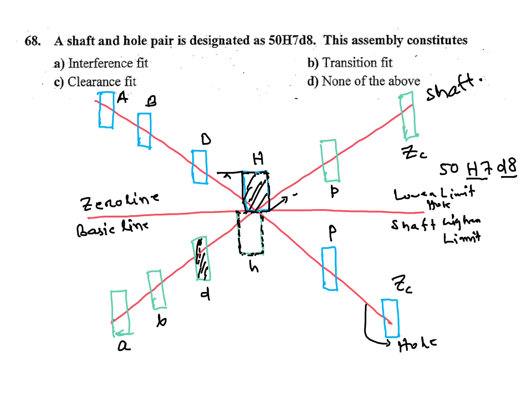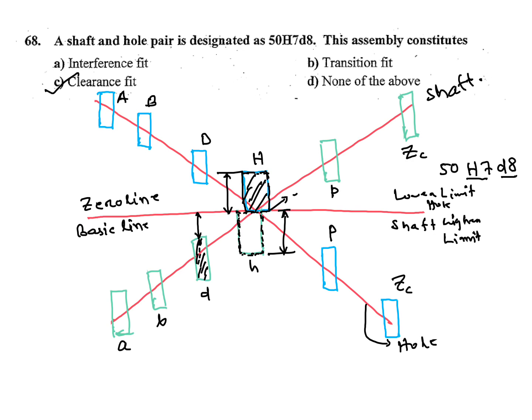From this to this area, it represents tolerance for hole, and this side it represents tolerance for shaft. Here H7 and small d, a gap is there. This is called clearance, so it is a clearance fit. See the answer.